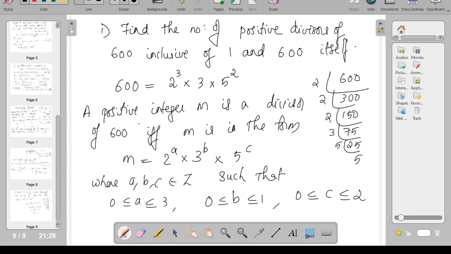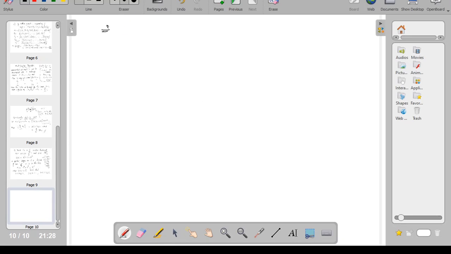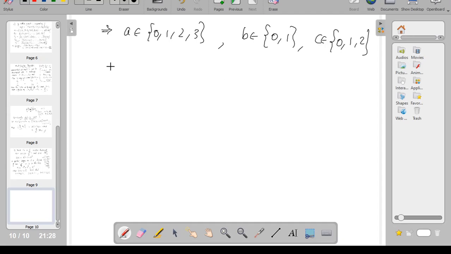So that implies a must belong to the set {0, 1, 2, 3}, and b belongs to the set {0, 1}, and c belongs to the set {0, 1, 2}.